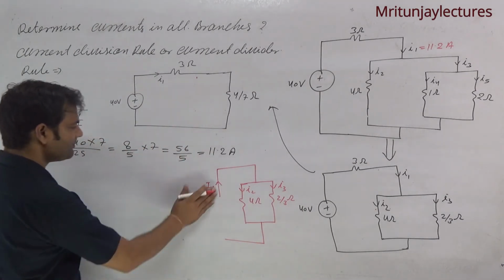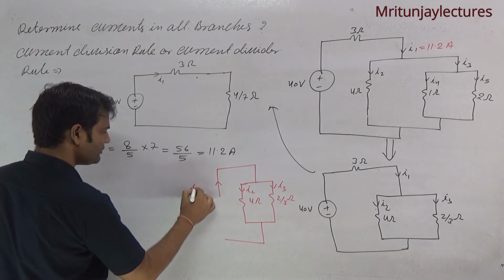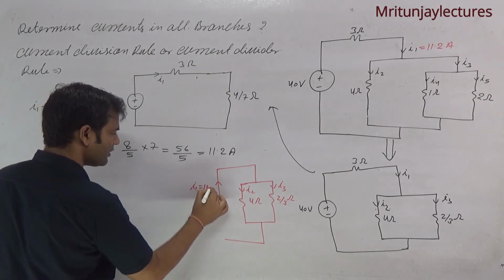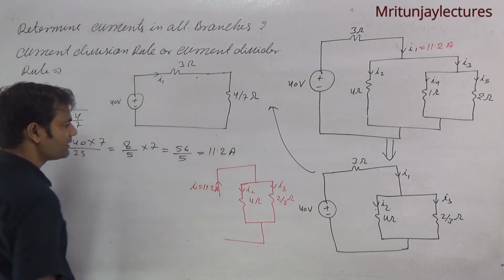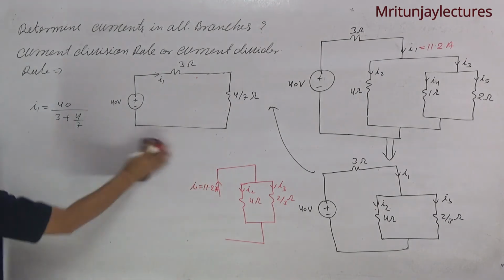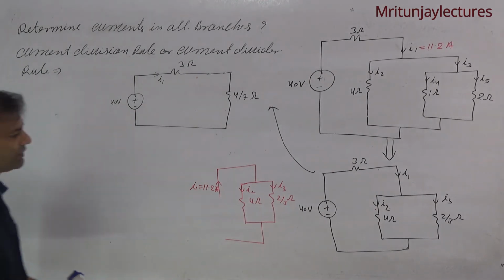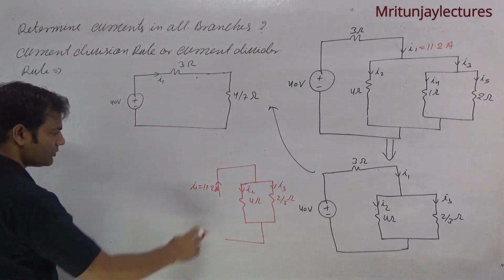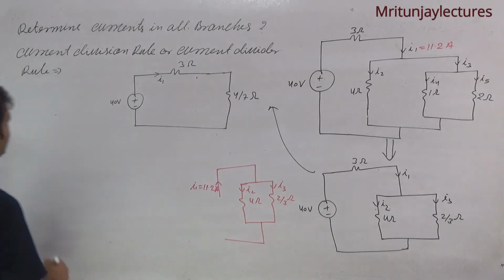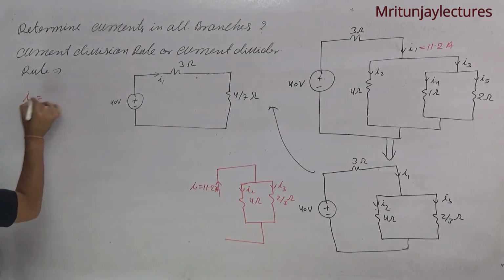What about I1? I1 is 11.2 ampere. Okay, so with the help of current divider, if you determine I2.